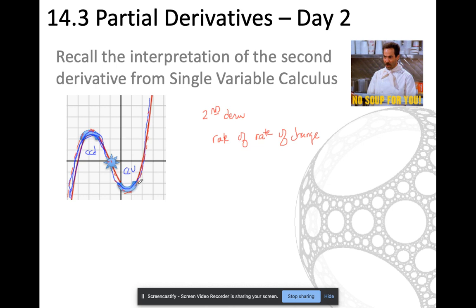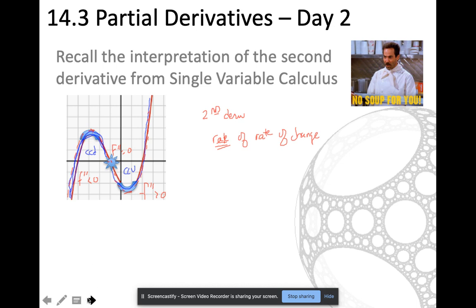The rate of change is now positive, and the rate of change is increasing. What is the rate of the rate of change? That's your second derivative. Right? Remember, when your second derivative is positive, when your second derivative is negative, and you change concavity when your second derivative is equal to 0 or does not exist.